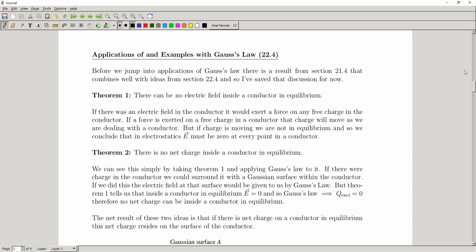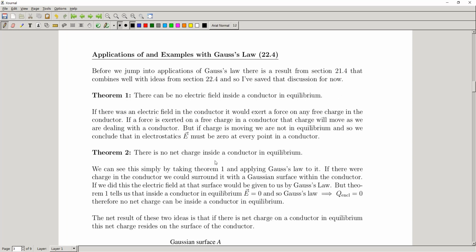And so because of this, there can be no electric field inside a conductor which is in equilibrium. Okay? So this is theorem number one, and this is the argument that backs up that theorem. Let's just say it one last time: there can be no electric field inside a conductor in equilibrium. Okay, so that's theorem one, and then theorem two.